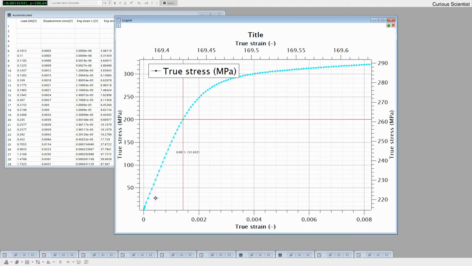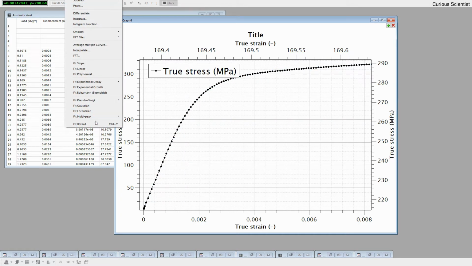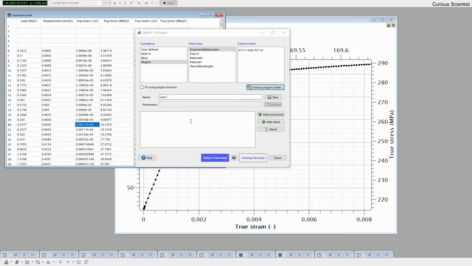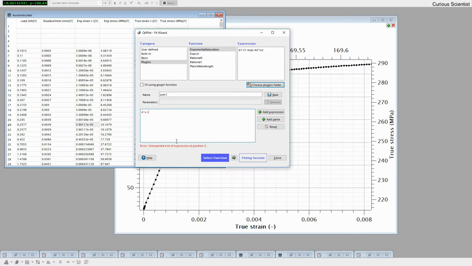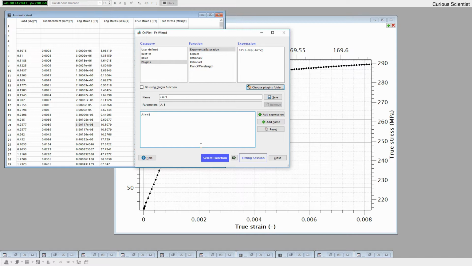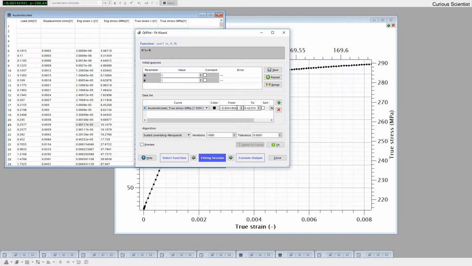So I will try to fit a slope on this section right here. So basically we are just looking for a very simple a times x plus b expression. Actually we can be more precise, and then we try to fit.